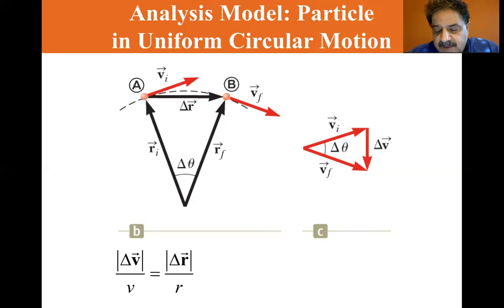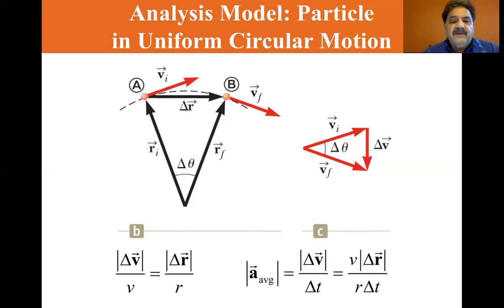Those relationships are the same, where v equals vi equals vf and r equals ri equals rf. Now, if we solve for delta v, we'll see that delta v is v times delta r over r. And if we divide that by delta t, we get the average acceleration.